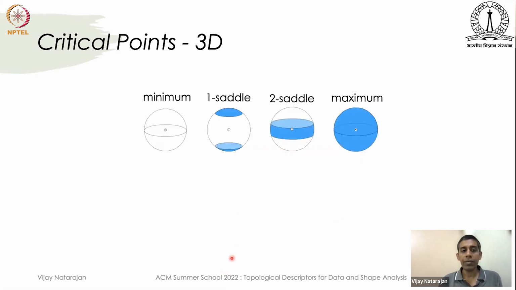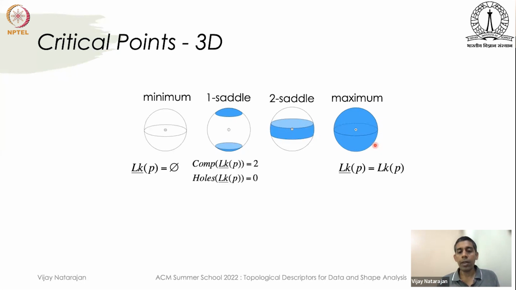There is a similar classification in 3D where the minimum is identified where the lower link is empty. The lower link is shown in blue, by the way. The maximum is one where the lower link is a sphere with one component and one void, essentially. So it's just the sphere. For the saddle, there are two types.